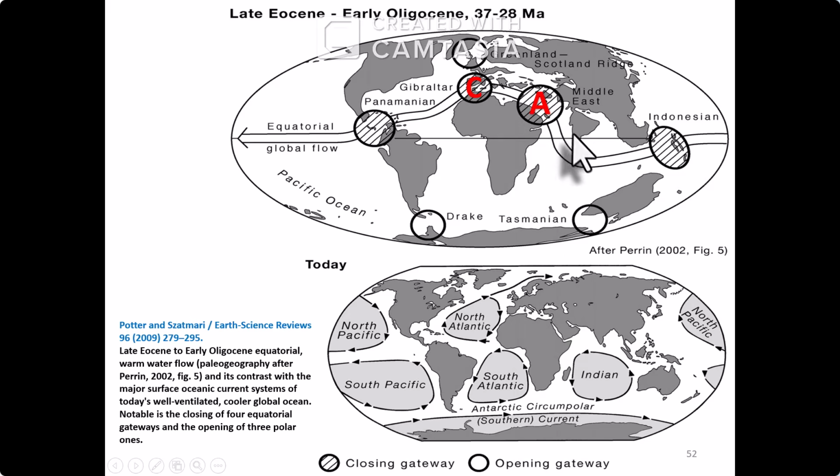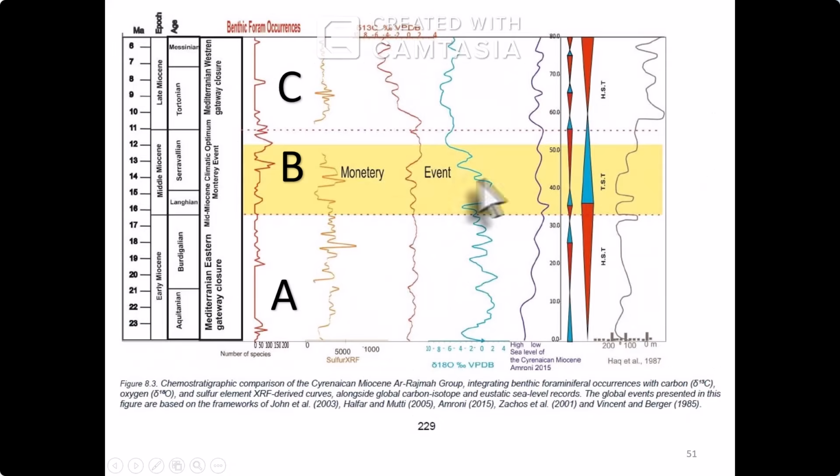This collision caused the closure of Gate A in the Paleotethys. And that is confirmed in the Miocene of the Cyrenaica carbonate platform. So the very sensitive forams recorded that event: declination of fossils, increase in sulfur, increase in oxygen.